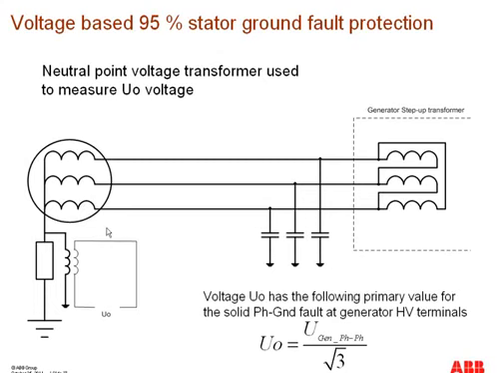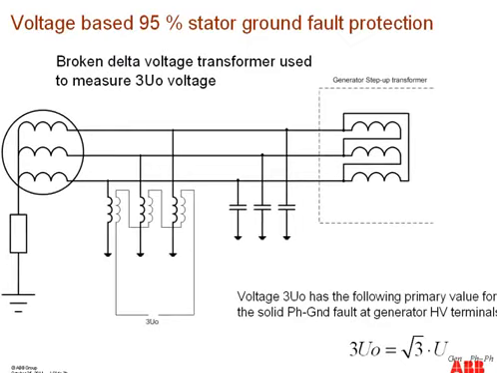So another scheme which can be used for the 95% stator ground fault protection is that we use a broken delta voltage transformer to measure 3U0 voltage, like here.